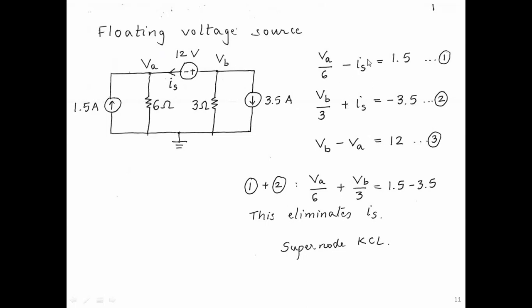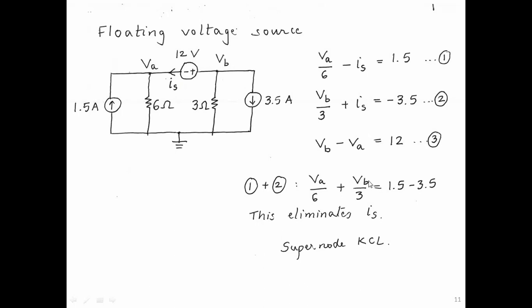So we can easily get rid of Is by simply adding these two equations. Alright, so if we add these two, then Is goes away, and then we get 1 plus 2 equal to all these big things. So this element is Is, and then we are left with two equations. This is one equation, this is the other equation, and two unknowns.